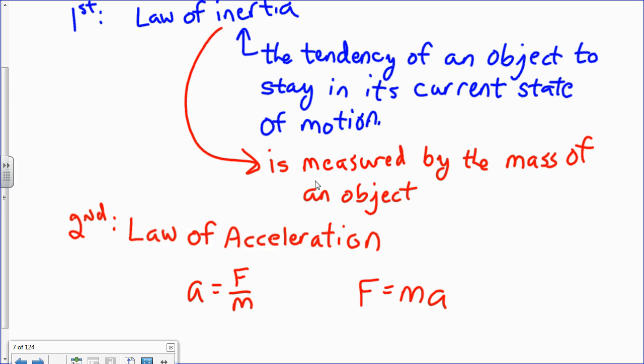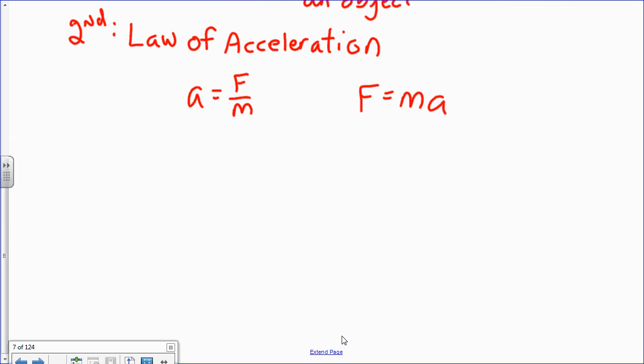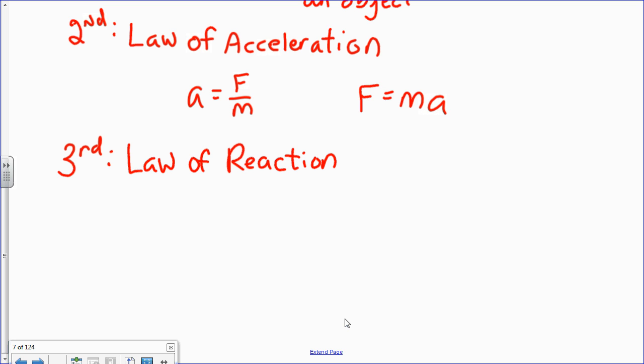And then finally, the third law was the, what do we call it? The law of reaction. So the law of inertia, the law of acceleration, and the law of reaction.